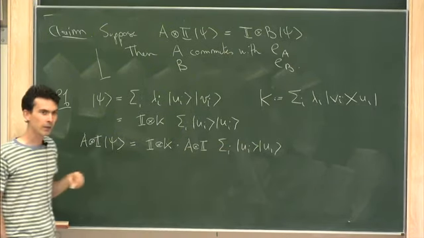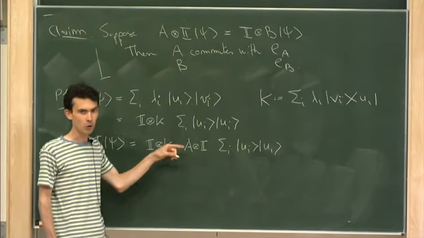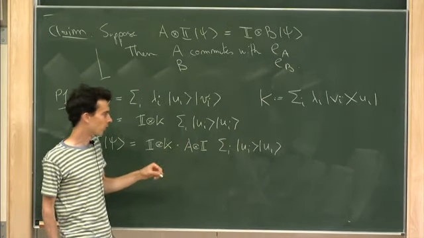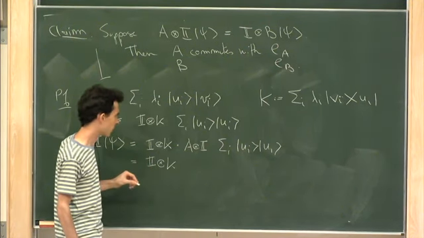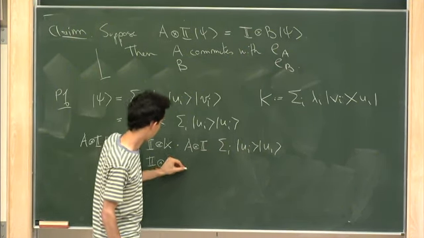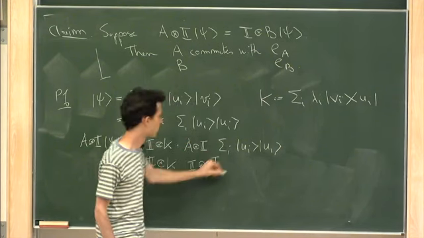Since this is the maximally entangled state, when I apply an operator on the left hand side, it's the same as applying the conjugate on the right hand side. Or actually it should be a transpose, right? So I'll get identity tensor A transpose times the same thing.